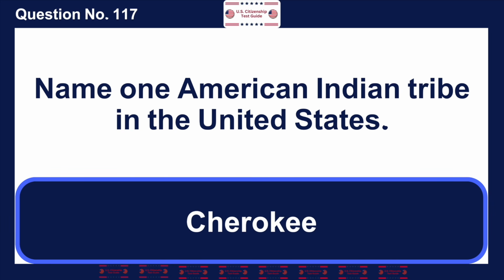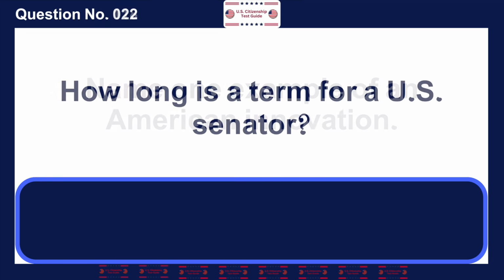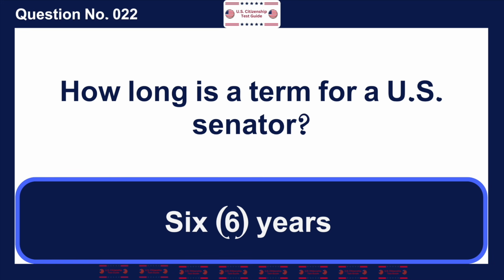Cherokee. How long is a term for a U.S. Senator? 6 years.